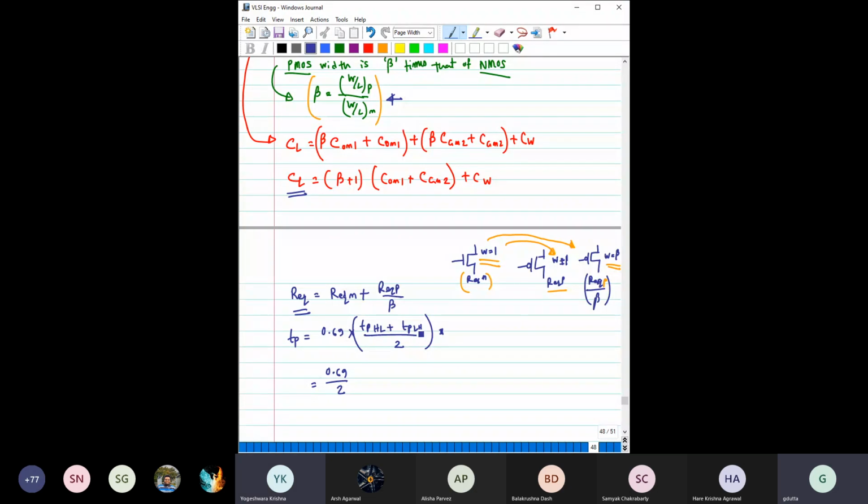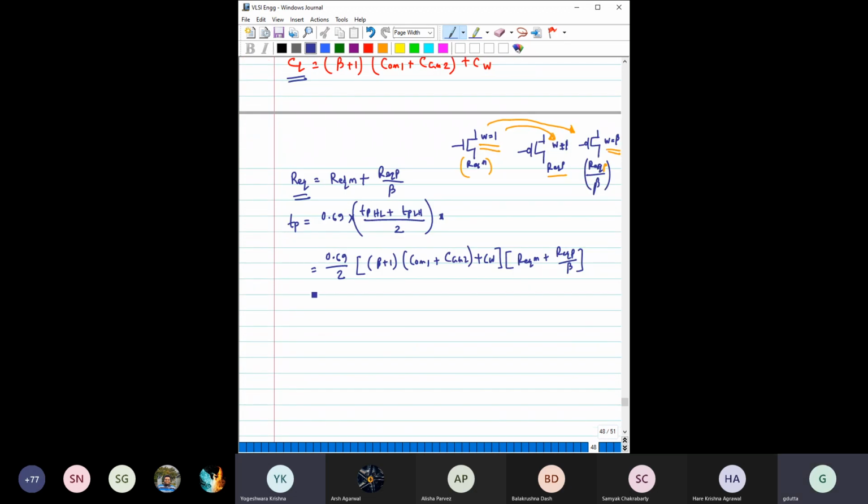We are basically doing the same thing, just kept these two outside and we are multiplying this by CGN2 plus CW, and here we are writing this R equivalent P by beta, right? So anyway, I think if you do it, some value would come, but this is not important as of now, so let us keep it like this only.